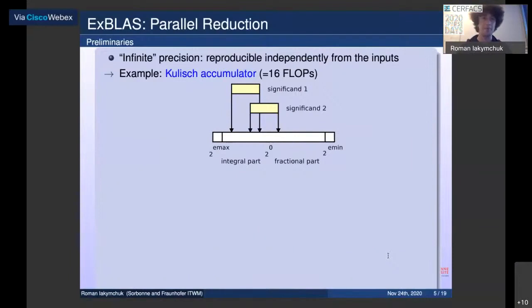This approach that I promote began as a study in 2013, and we started looking at what we can get from an accuracy perspective. We wanted to have correctly rounded results, which is the best possible approximation to a real number. We took a look at the Kulisch accumulator.